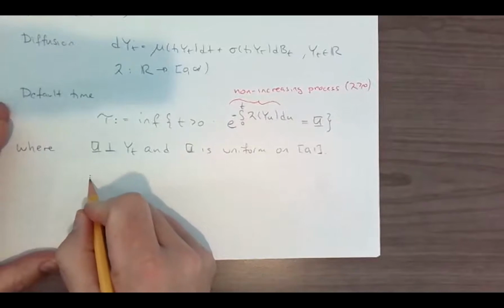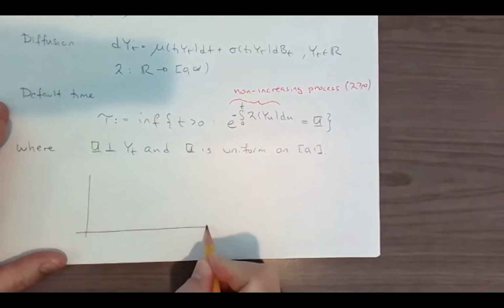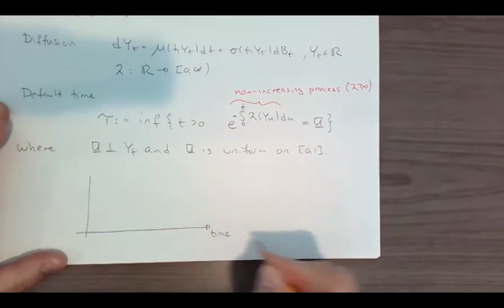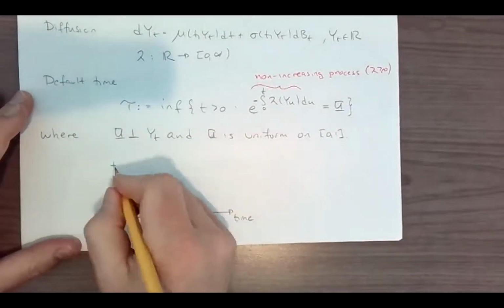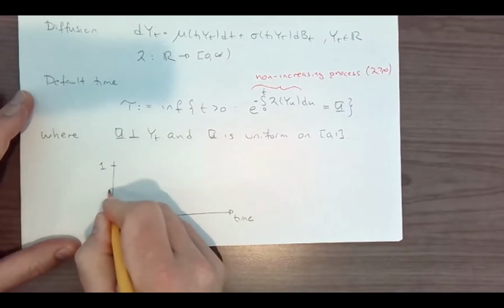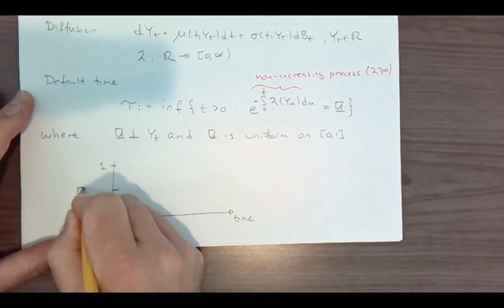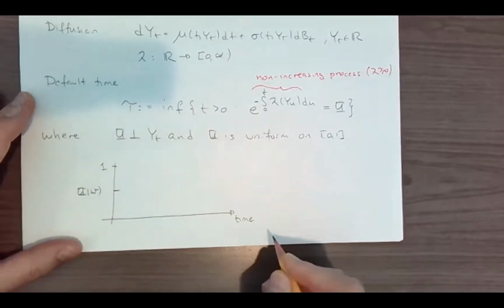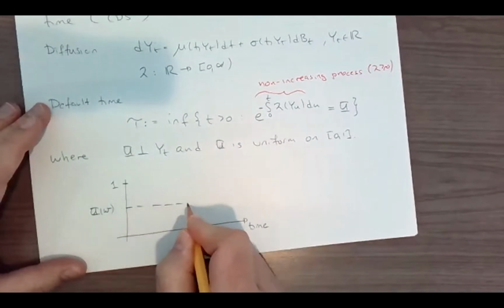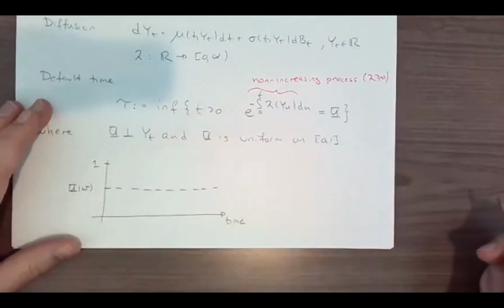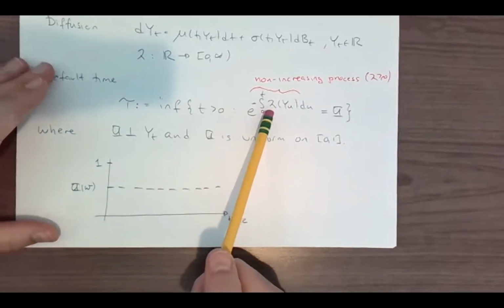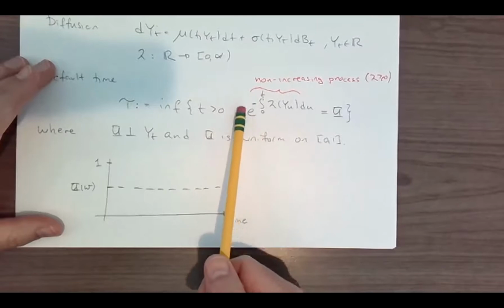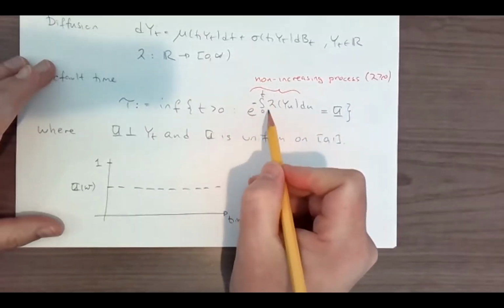So on a picture, where we have time out here, what happens is that you pull a uniform. This here is 1, right? So you pull a uniform, say it ends up being there. That's my U, so we're going to mark that. And then you plot this object here. When t is equal to 0, you get e to the 0, that's a 1.